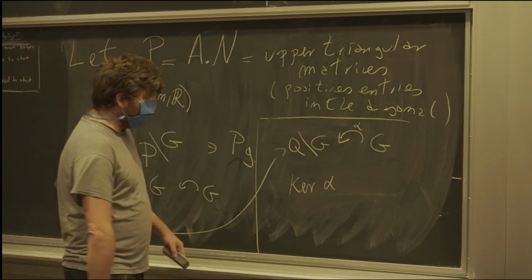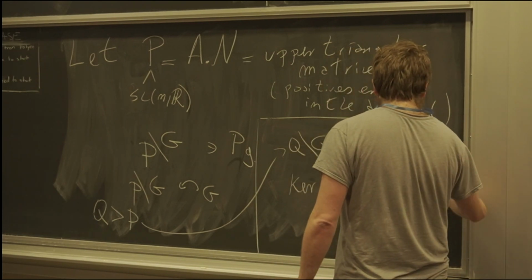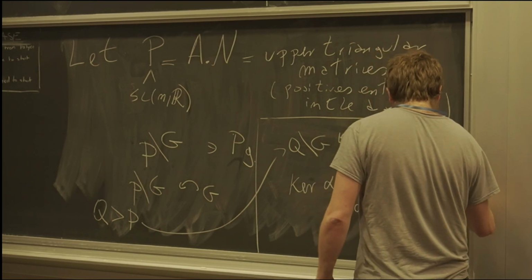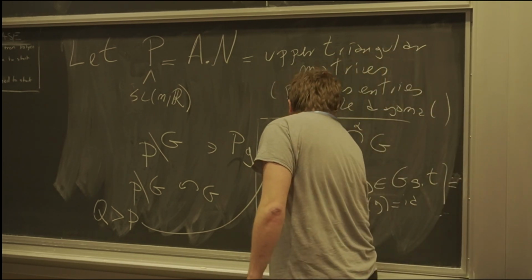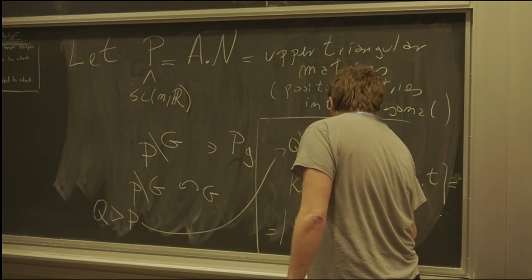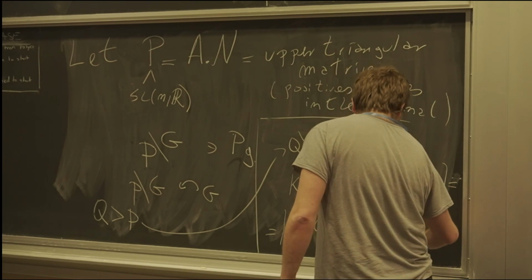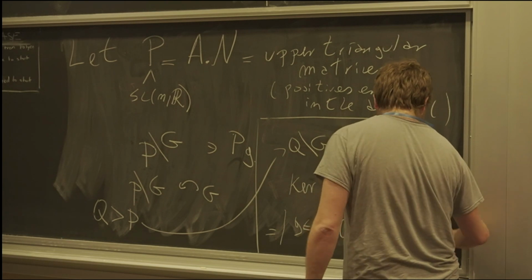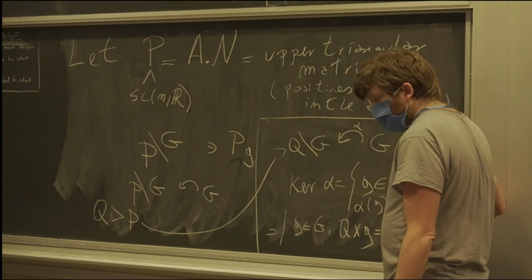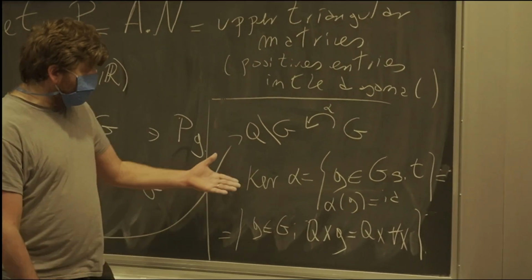The kernel of alpha will be the elements g in G such that alpha of g is identity, or equivalently, and more explicitly, the g's in G such that Q times x times g is Q times x for every x. So this is a very explicit group. It's not hard to see that it's a group.